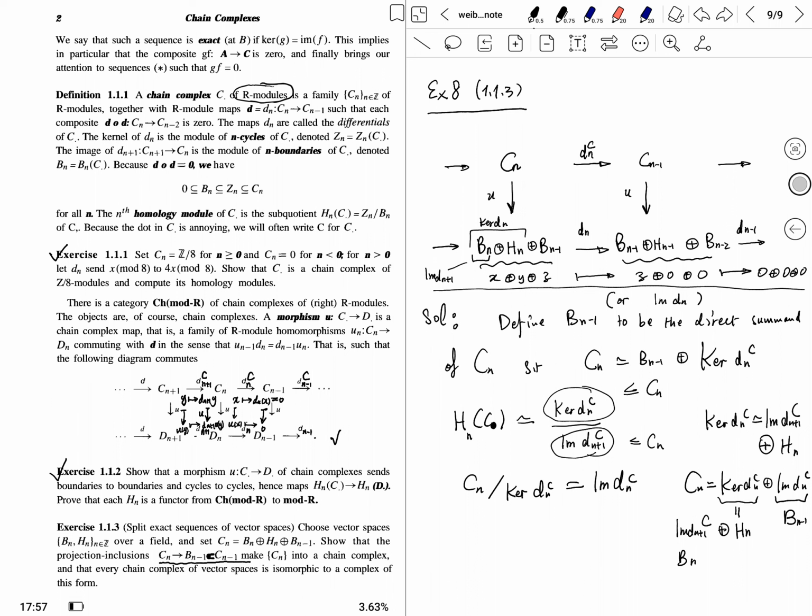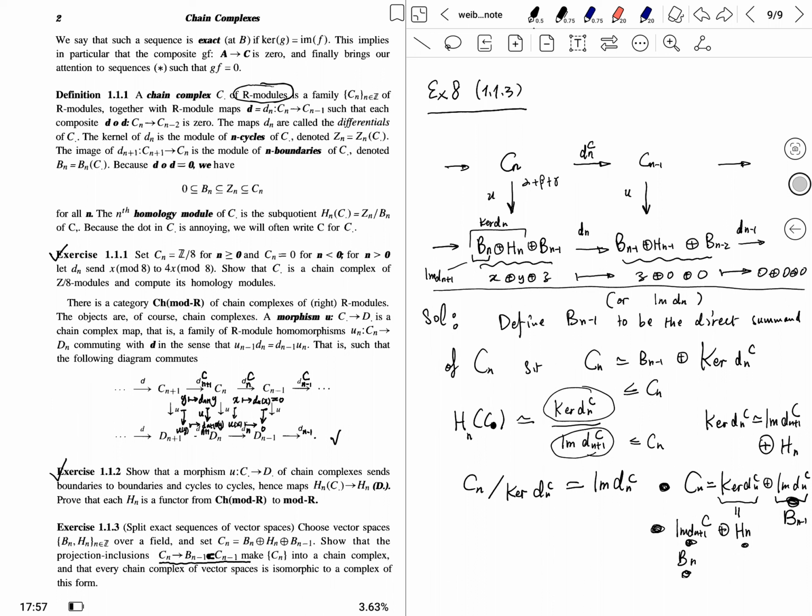Basically, any C_n could be written as the sum of kernel and image, and you can further rewrite it as the image of D_{n+1} plus H_n plus a complement of the kernel. If you rewrite it that way, then it will just be alpha, beta, gamma.